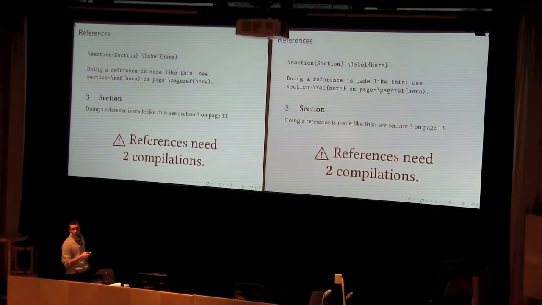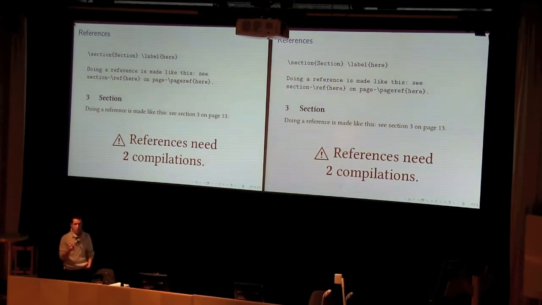Why does LaTeX need two compilations of the document? This is because when you first read, you may refer to a section which comes after. So when LaTeX comes through a ref, it reads the label and says, okay, I don't know where it is. So it outputs a question mark, and that's all.